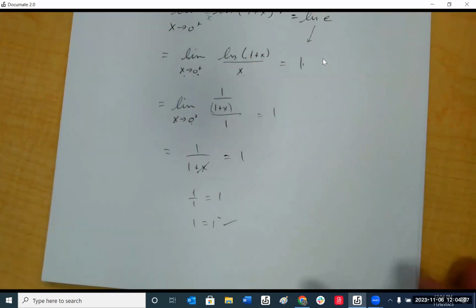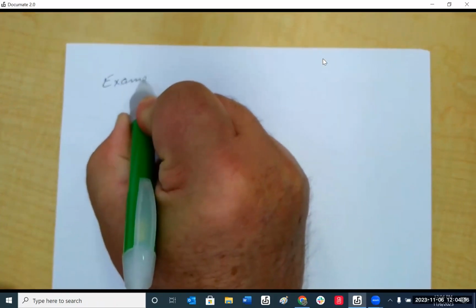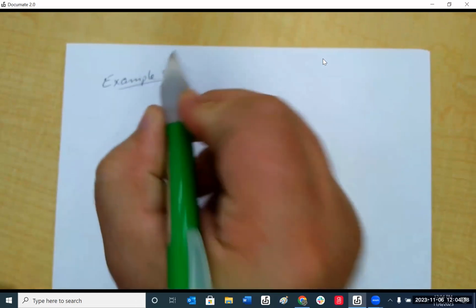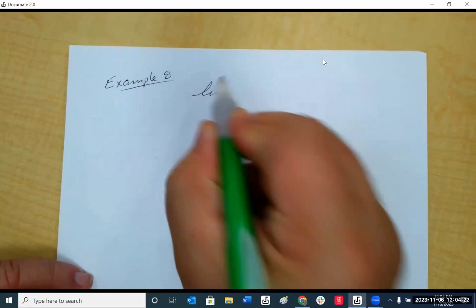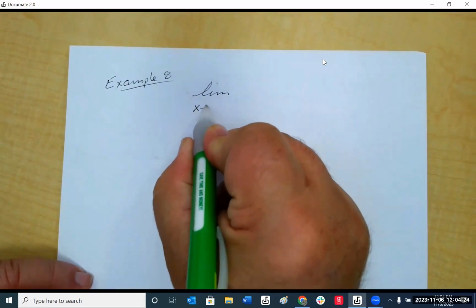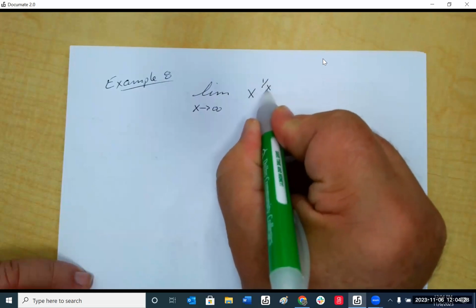Okay. So in example 8, we have find the limit as x approaches infinity of x to the power 1 over x.